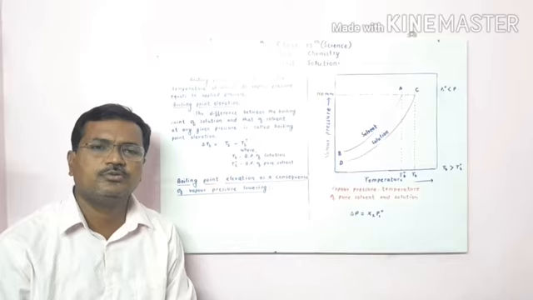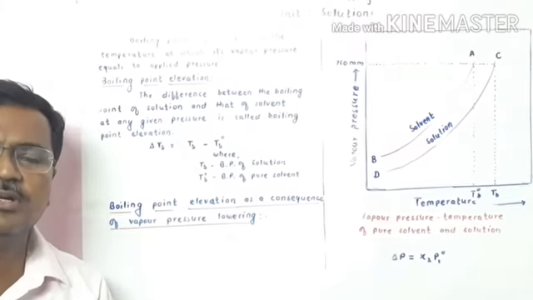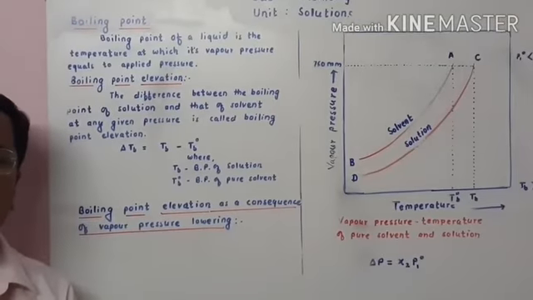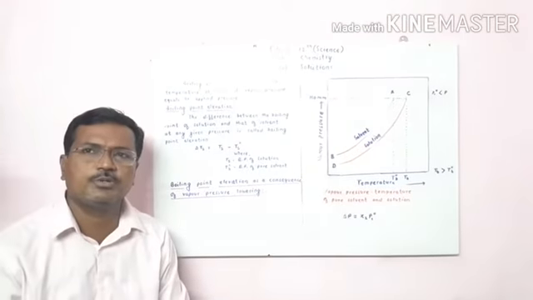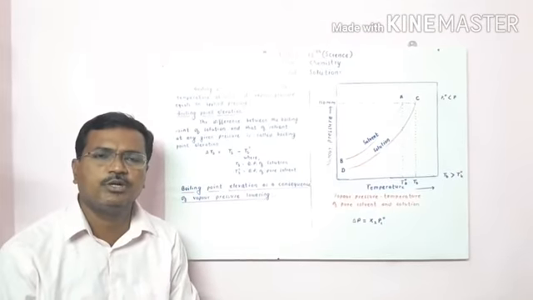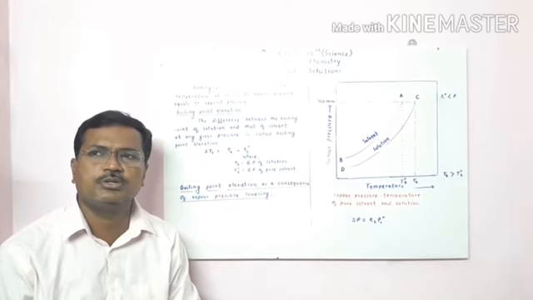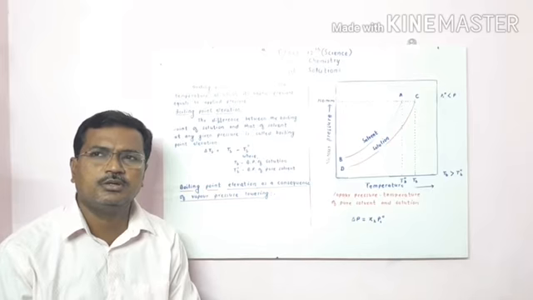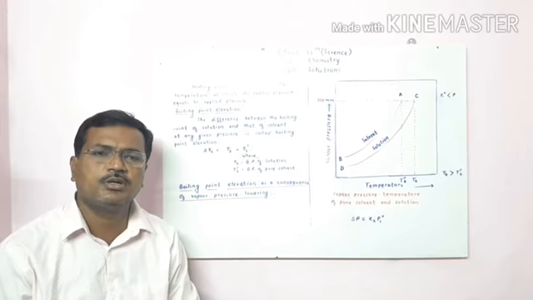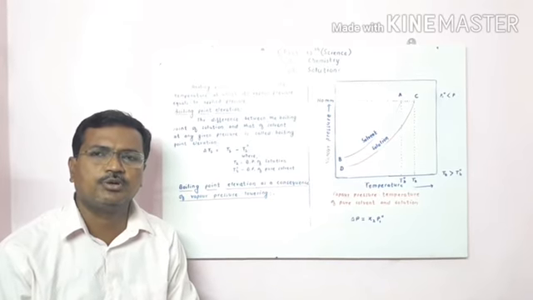Suppose we take a liquid in an open container, then the applied pressure is equal to the external atmospheric pressure. When a non-volatile solute is added into a solvent, then it becomes a solution. So the boiling point of that solution will be greater than the boiling point of the pure solvent.